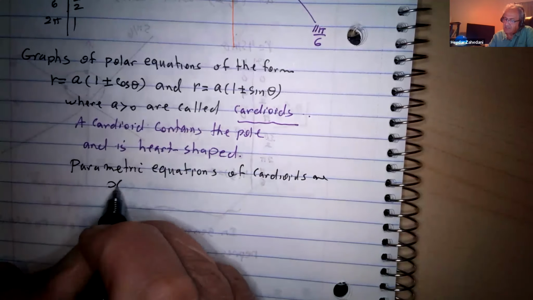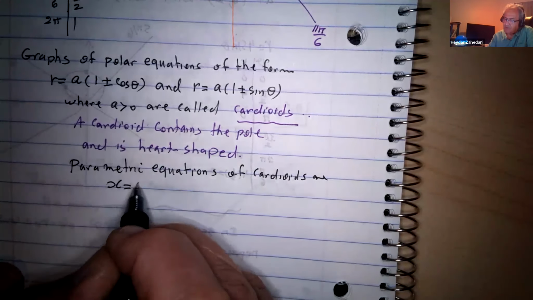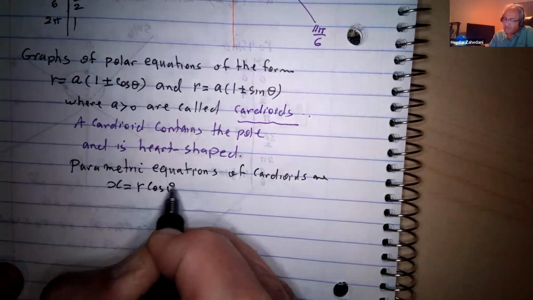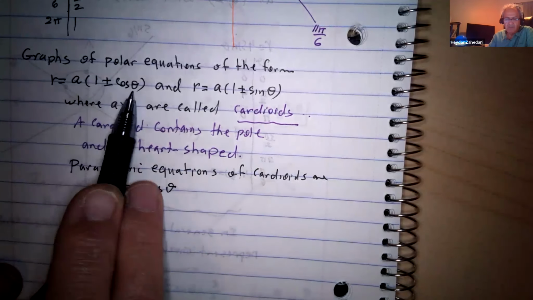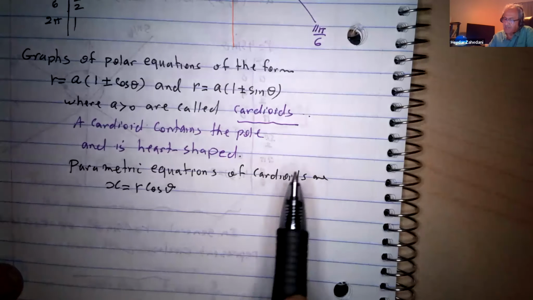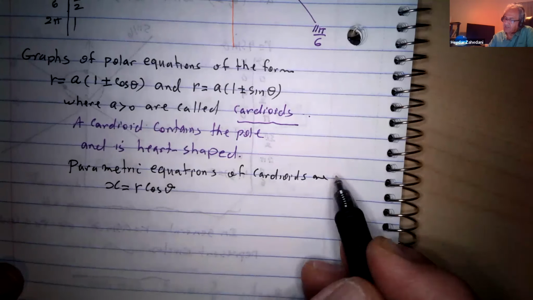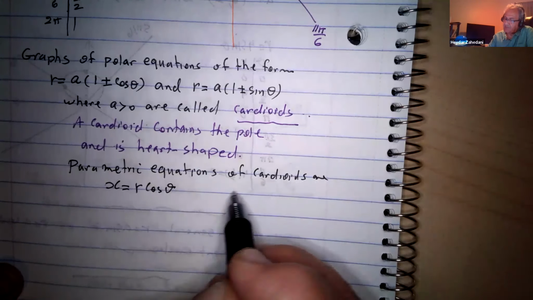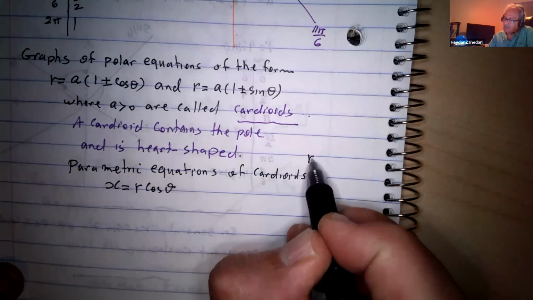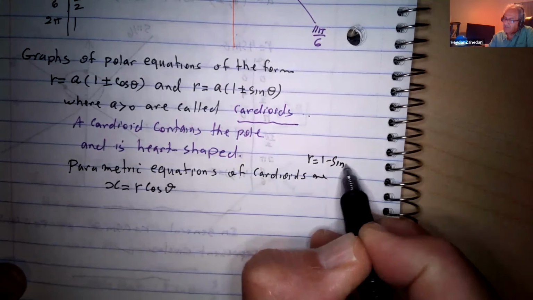You see, x is r cosine theta. So this can be, for the one that we have, the parametric cardioid, the one that I did, the equation of the cardioid r equal to 1 minus sine theta.